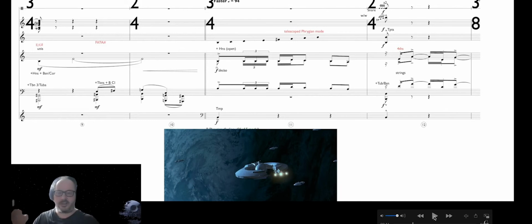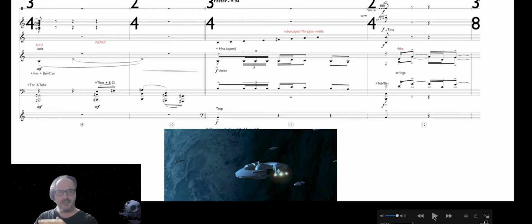But it's very block-like in the sense there's no development at all. It's just a block of sound, and then another block of sound, and then another. I get that feeling sometimes from the music of The Phantom Menace, where he might have an ostinato pattern, and then another layer, and then another layer as well.